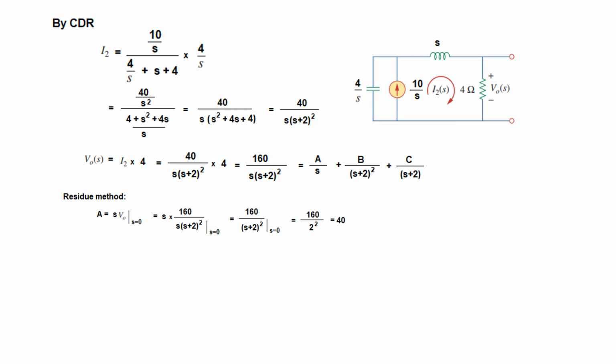Simplifying, it becomes 160 divided by (s plus 2) square at s equals 0. Putting s equal to 0, the answer is 40. So that is the A part.